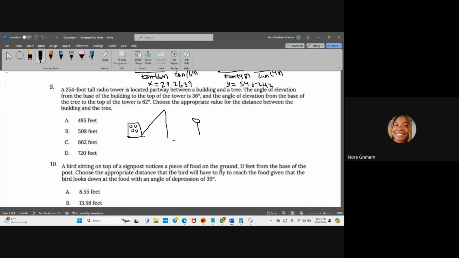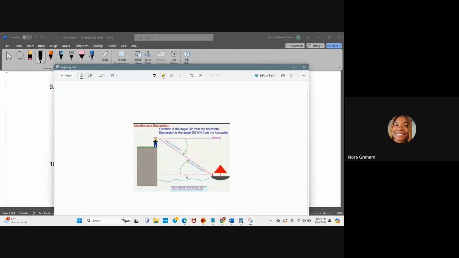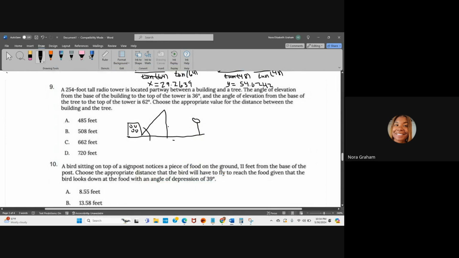Yeah, that looks a lot better. Because remember, angle of elevation is when we're looking from the ground up to that angle. And from the base of the building to the top, this was 36 degrees.